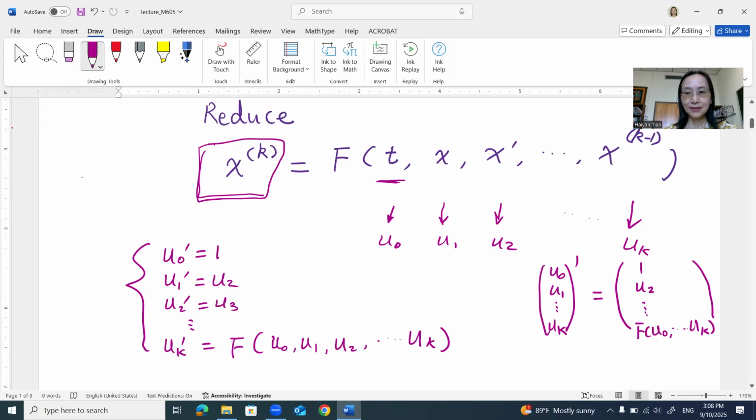It is on the left side, written in terms of lower order derivatives or the unknown function x or t. This is the kth order equation in normal form.